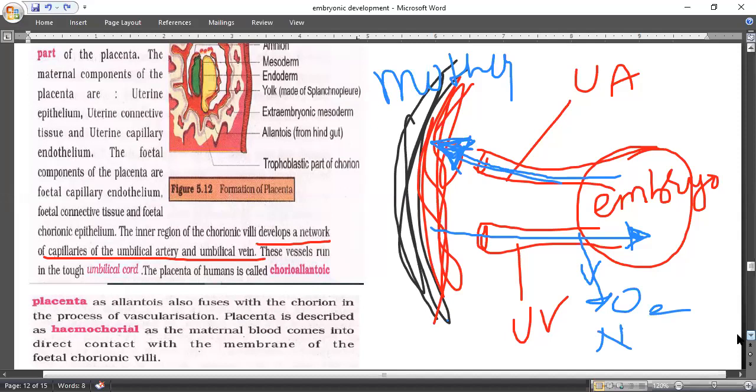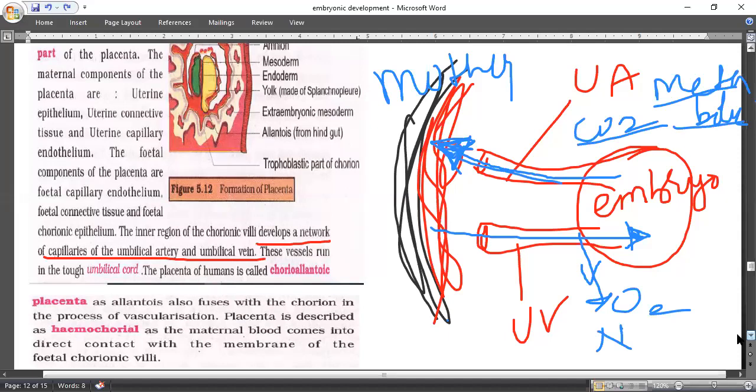Okay, so during development itself, you are not giving anything. If you are giving anything, you are giving carbon dioxide, whatever is formed in your embryonic development. That means you are giving metabolic wastes to the mother. That means the umbilical artery is rich with metabolic wastes, excretory waste materials, isn't it?